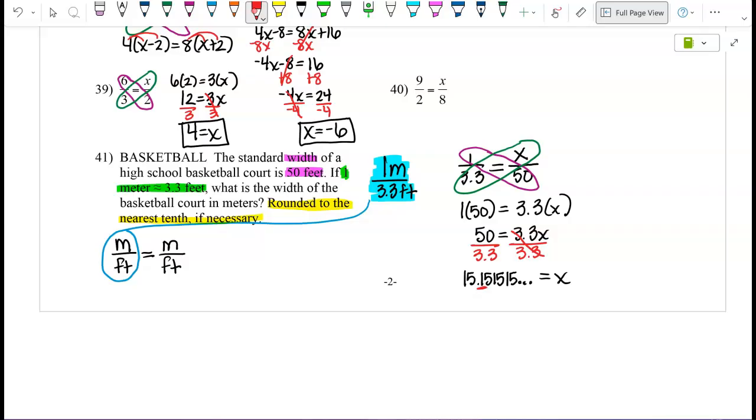So in order to know what I do with that 1 decimal place, I need to look at the number behind it. What does that 5 tell me to do with the number? Does it tell me to leave it a 1 or bump it up to a 2? Am I going to leave the 1 as it is, or am I going to bump that 1 up to a 2?